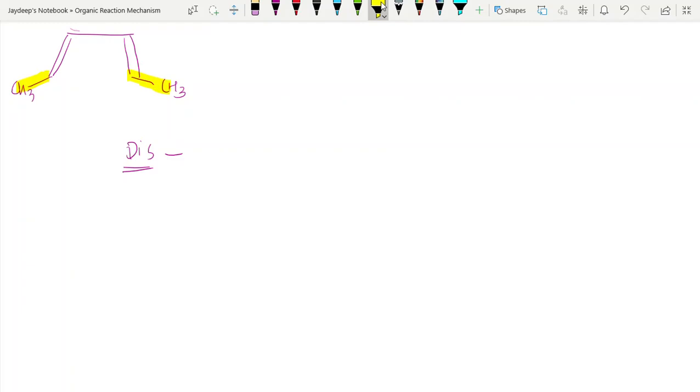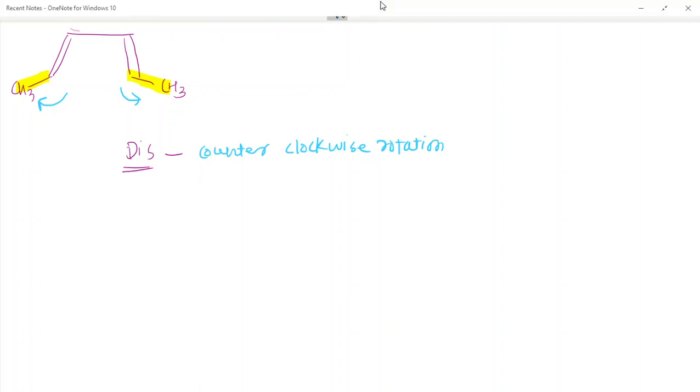Now let us consider these methyl groups. The rotation of the methyl groups should be such that one methyl group goes on the left hand side and another goes on the right hand side. So the rotation is counterclockwise in one case and clockwise in the other.